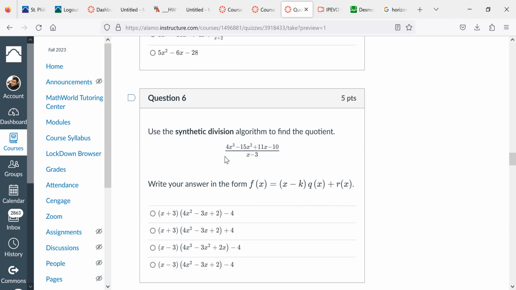Use synthetic division. So we got 4x cubed minus 15x squared plus 11x minus 10 over x minus 3.